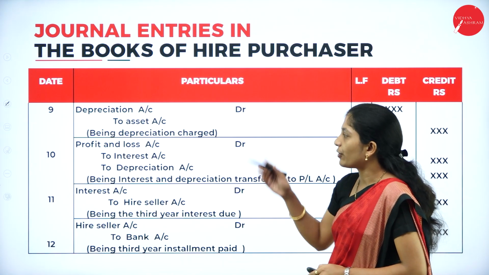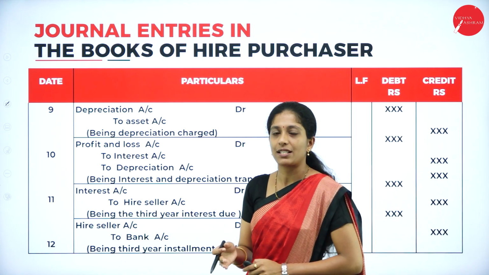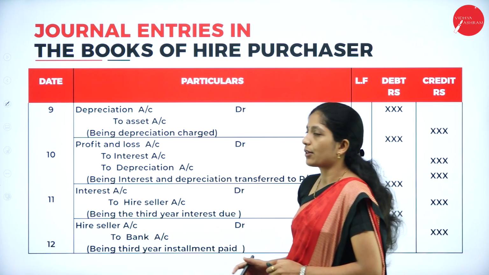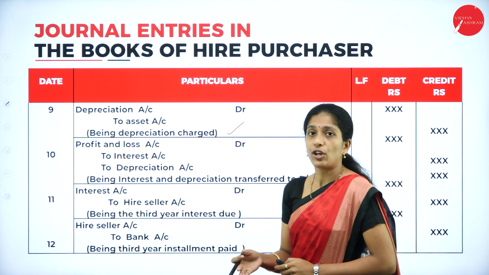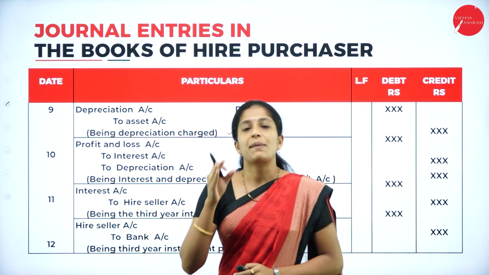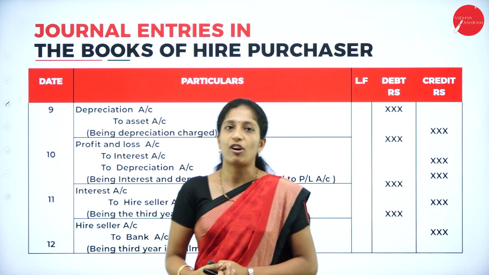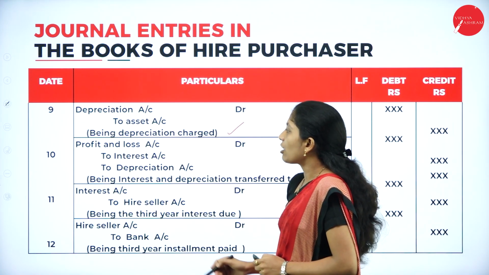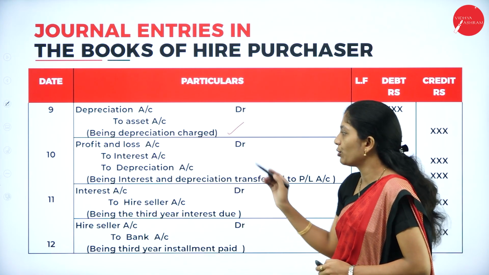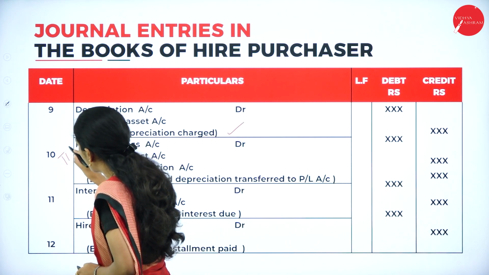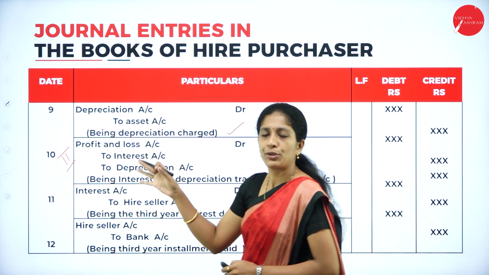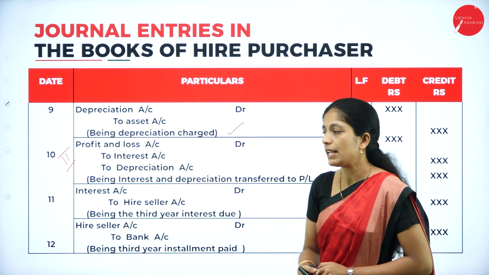The third entry is for charging depreciation: depreciation account debit to asset account, being depreciation charged. Your fourth entry will be to transfer depreciation as well as interest to profit and loss account: profit and loss account debit to interest account and depreciation account. So from the 7th entry to the 10th entry will be for the second year.